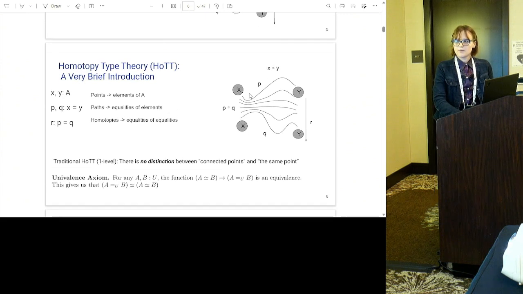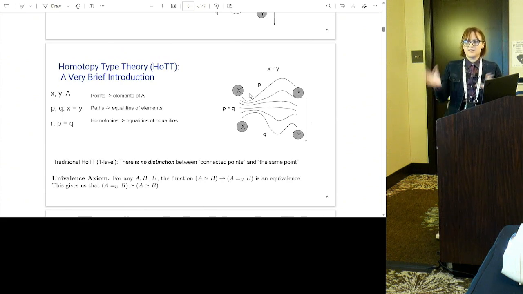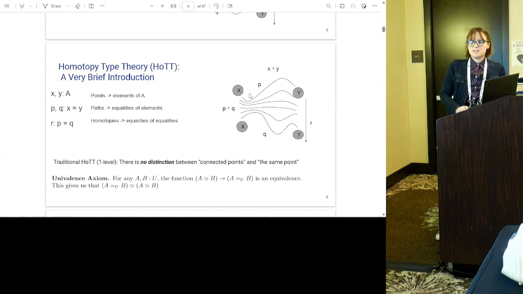That stems from the univalence axiom, which is also on the slide, which basically says that when we have a function saying A is isomorphic to B, that implies that A is equal to B in that type. That's actually an equivalence, and that means that A equals B is the same thing as A is isomorphic to B. And you're fuzzing that line between isomorphic equivalence and equality, which is what we're interested in here.